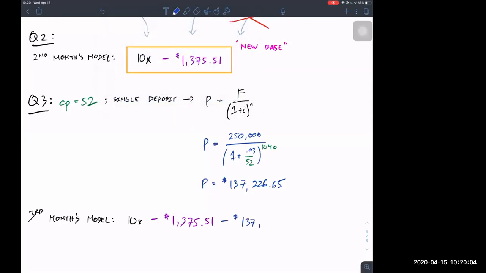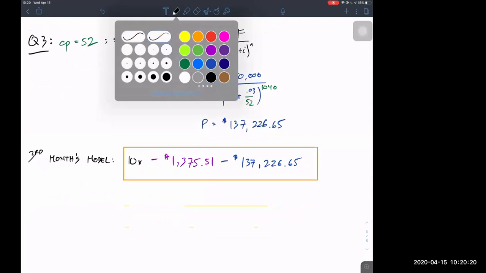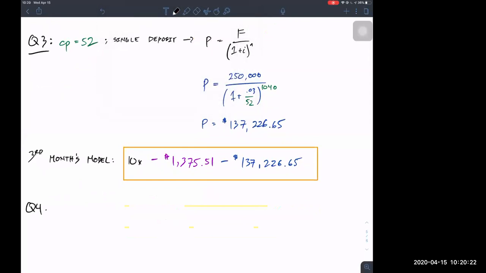How do we know it's single? We're using the regular compound equation instead of an annuity. Okay, and then something related to cost revenue profit that we haven't seen in a while is the fourth question, right? I ask you, what's the break even?